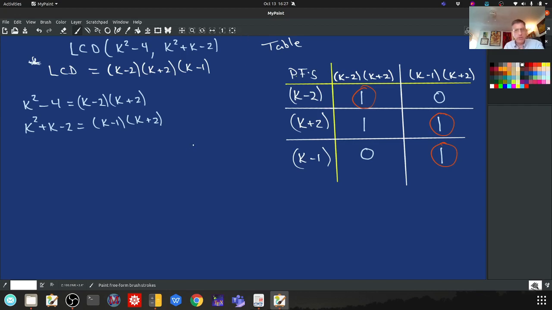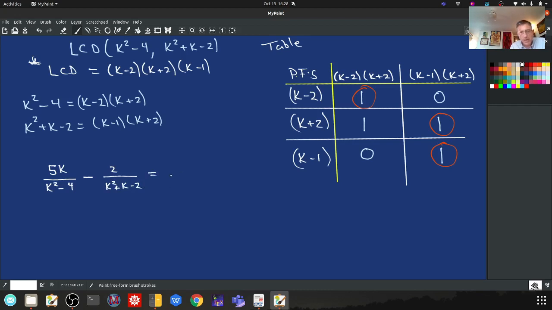So we want to use it to do the following. We want to find 5k over k squared minus 4, minus 2 over k squared plus k minus 2.